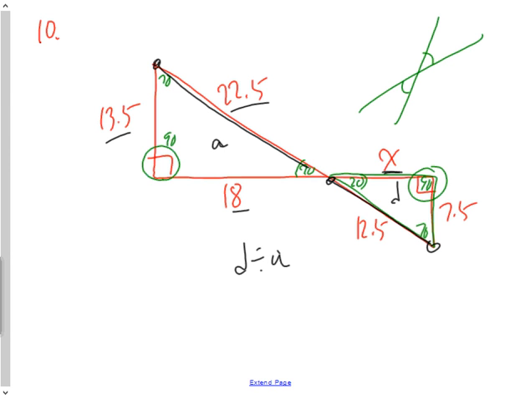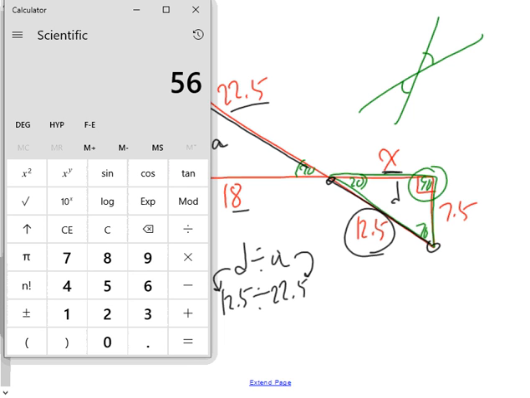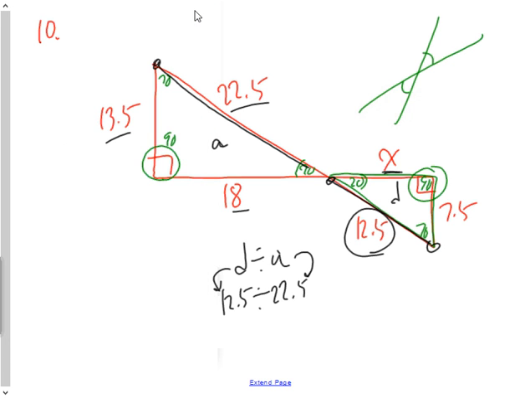So diagram divided by actual will be 12.5 divided by 22.5, because my D hypotenuse is 12.5 and my A hypotenuse is 22.5. Grab my calculator. I think this is a repeating decimal if I'm not mistaken. Is 0.5 repeating?